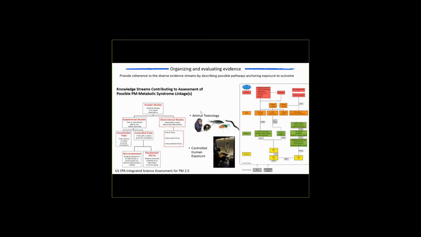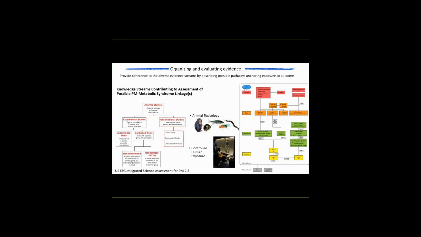So, for example, in the case of connecting particulate matter to these metabolic syndromes, we have a wide range of different data types, everything from in vitro studies to controlled and uncontrolled trials, experimental work, observational studies like epidemiological evidence from humans, as well as controlled human exposures and animal toxicology.